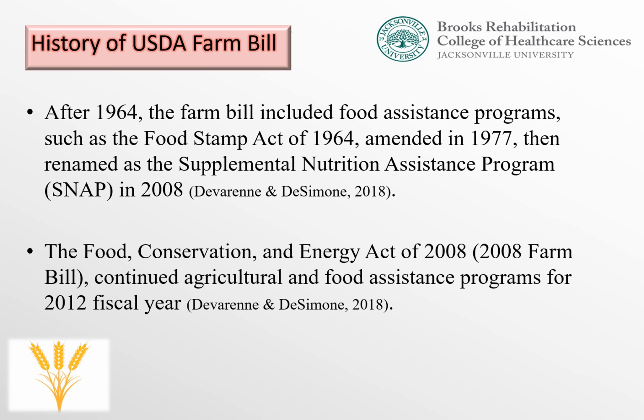After 1964, the Farm Bill included food assistance programs, such as the Food Stamp Act of 1964, which was amended in 1977 to increase the criteria. It was then renamed the Supplemental Nutrition Assistance Program, known as SNAP, in 2008.